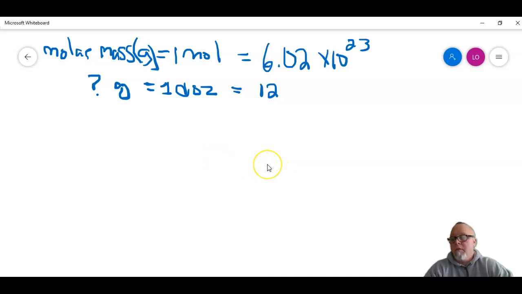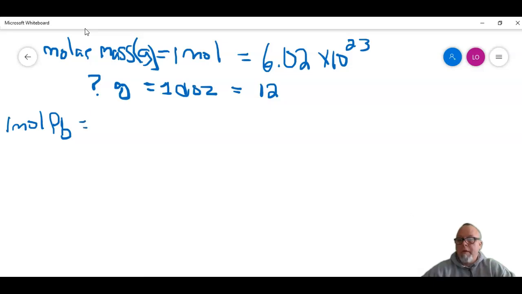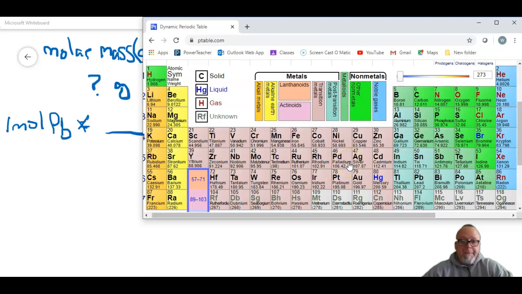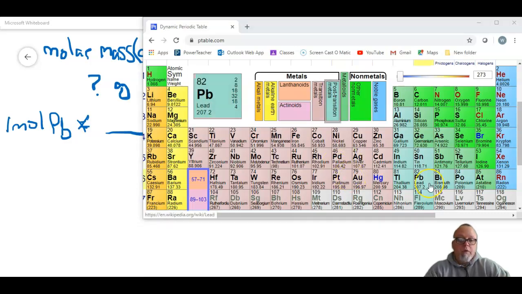Just to explain it a little better, if we had 1 mole of lead, I'm sorry, that's Pb, not Pd. Pb has an average atomic mass of 207.2.